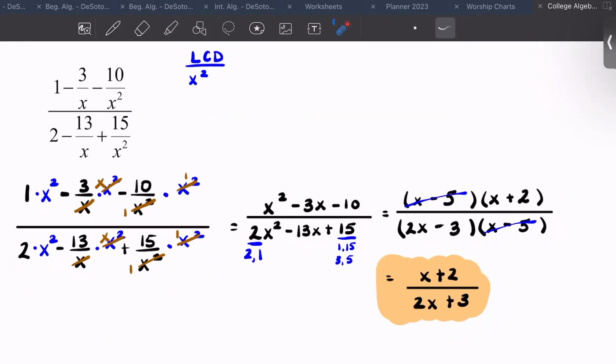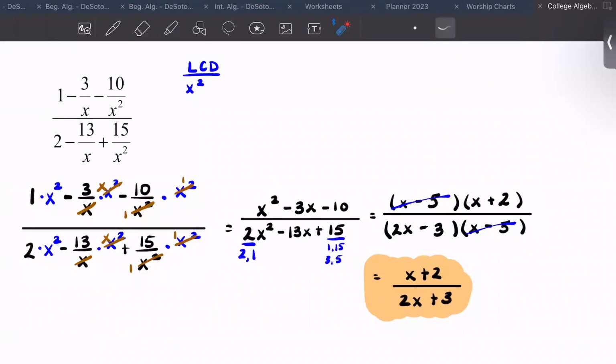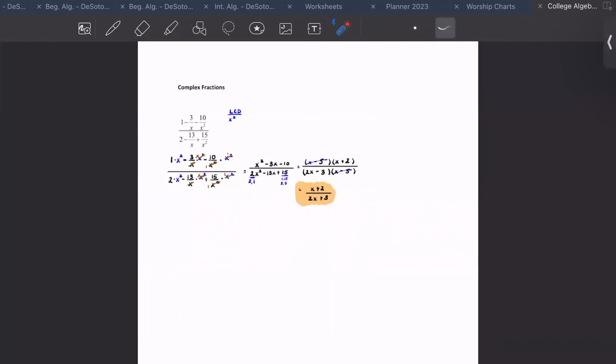That's why they call it complex. It's kind of hard to talk about, but it got rid of both of them, right? And we were just left with trinomial over trinomial, which is something that we know how to deal with. So each time, look at what you're given in your denominators and ask, what's the least thing that I can multiply by that gets rid of all of my denominators in each of my numerators and denominators? And that is section P6.